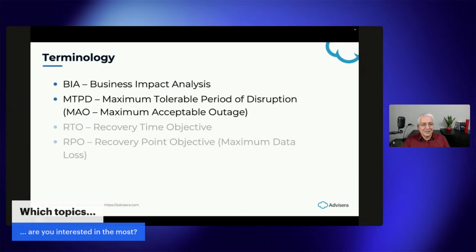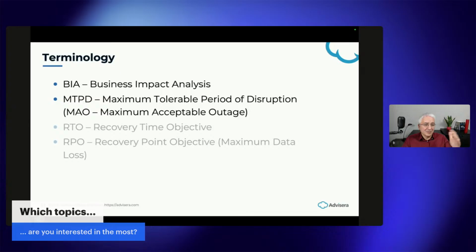Basically, when you analyze a particular activity or department in your company, and once you perform the business impact analysis, you find out the longest period that your activity or department can be disrupted.